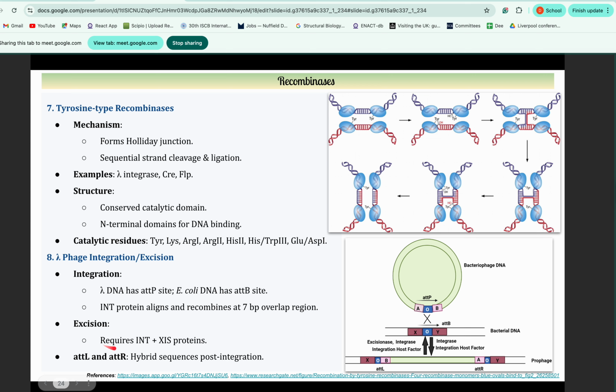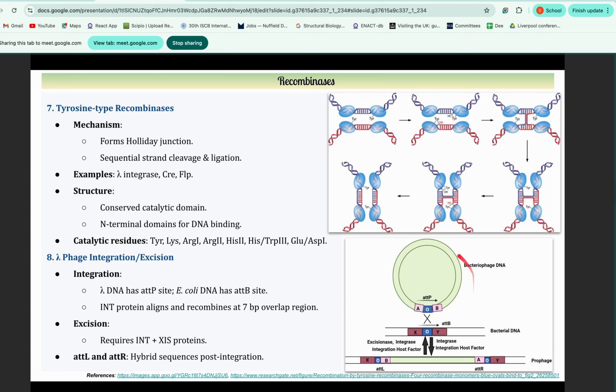For excision it requires Int and Xis proteins. attL and attR will be synthesized, which mean attachment towards the left and attachment towards the right. As you can see, in this O and this O, this particular bacteriophage DNA is now incorporated in the bacterial DNA. This particular stretch which is synthesized is known as prophage.